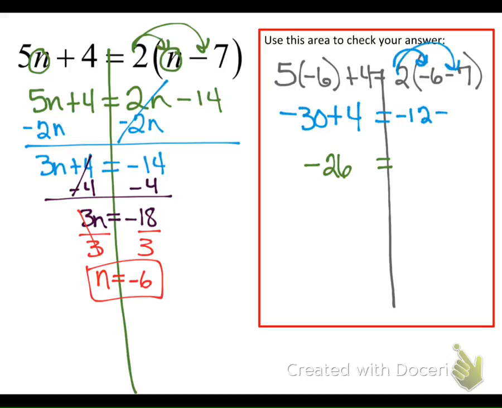Negative 14. Okay. And then you just solve, right? So you have negative 12 minus 14, which equals? Negative 26. Now, are those the same answers on each side? Are those the same numbers? Yeah, so that means our answer is right.